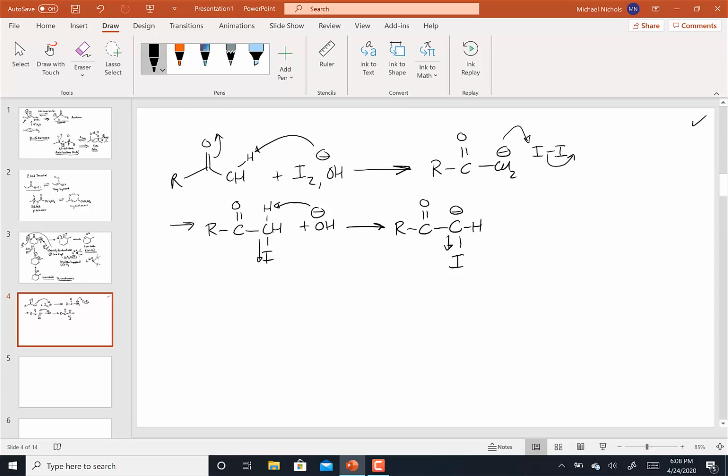So then the C- will react with another I2, and we will end up adding a second iodine.